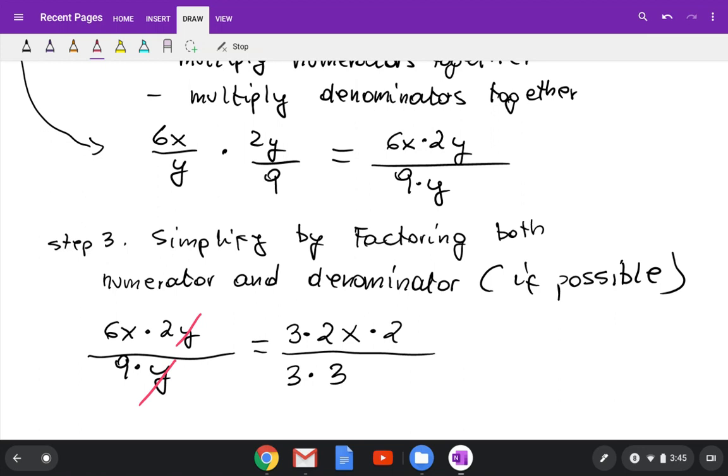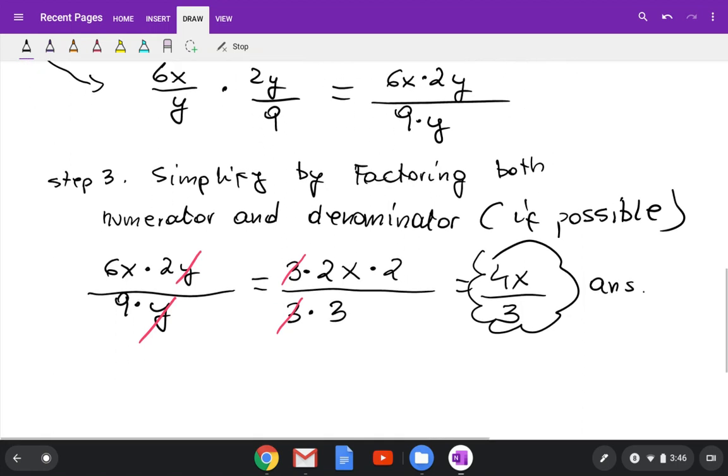So common factors, you have 3 on the top, 3 on the bottom, that will cancel, and there are no more factors which we can cancel. So now we just multiply. 2 times 2 will give you 4 times x, which is 4x over 3. And that will be the final answer. Okay, so always reduce your fraction.